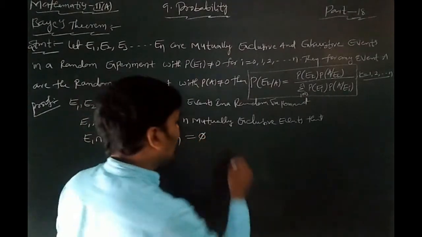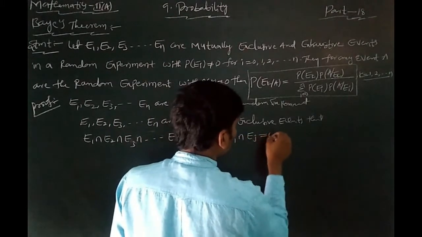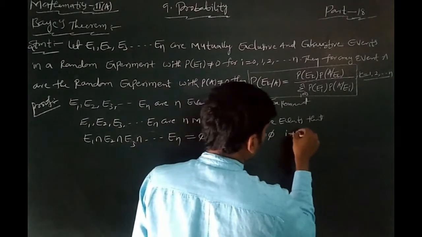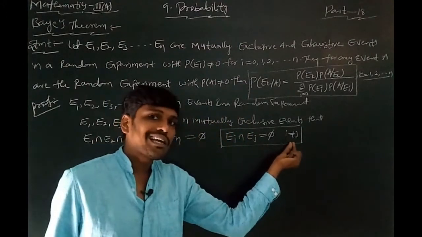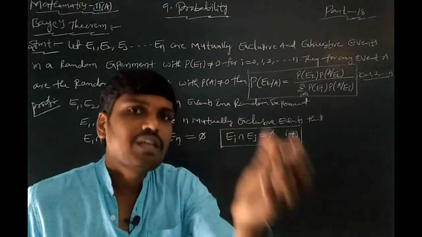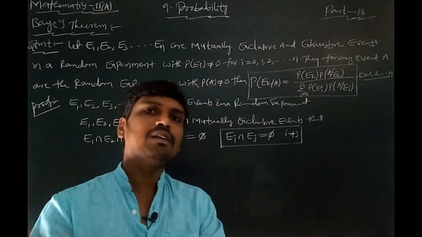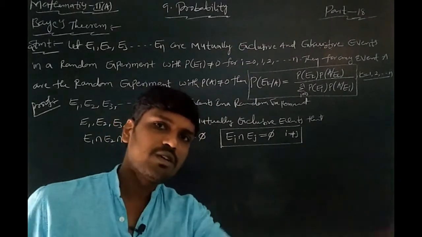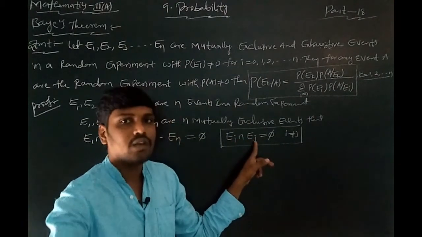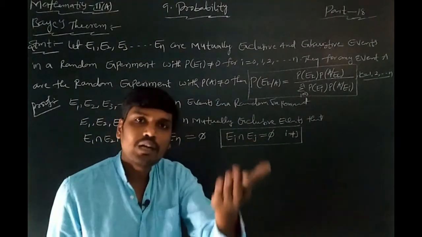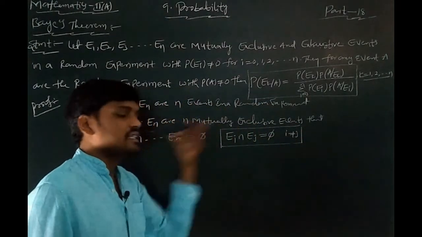This can be written as Ei intersection Ej is equal to phi, where i must not be equal to j. If i is 1 and j is also 1, E1 intersection E1 is E1 itself, since the common elements of two equal sets are the same set. That's why E1 intersection E2 is mutually exclusive, E2 intersection E3 is mutually exclusive. What is the meaning of mutually exclusive? No common elements. This is the first condition.